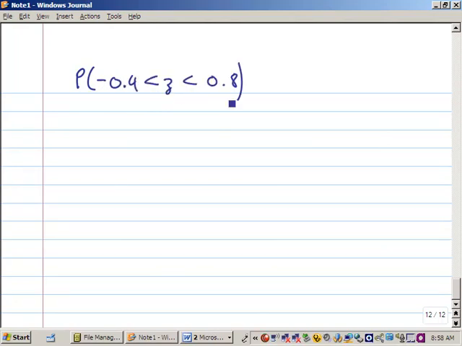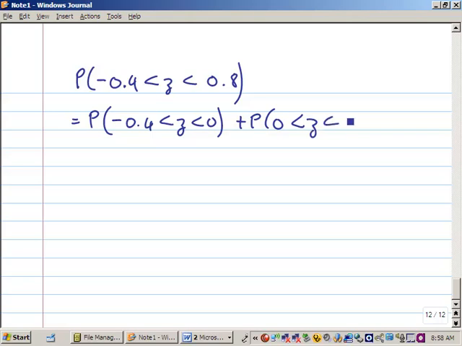As you saw from the diagram, that's an area that straddles the mean. Alright, we're not going to subtract anything, we're going to add these two things together. So first we go from the lower limit to 0, and then we continue from 0 to the upper limit of 0.8.